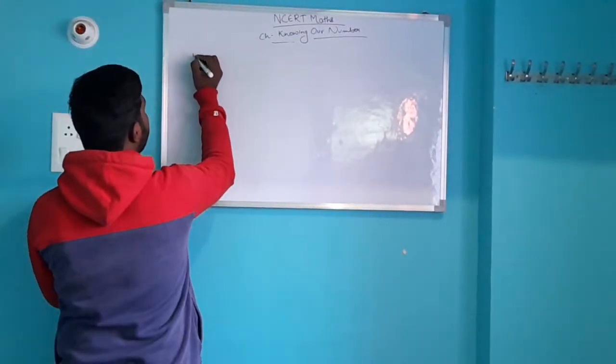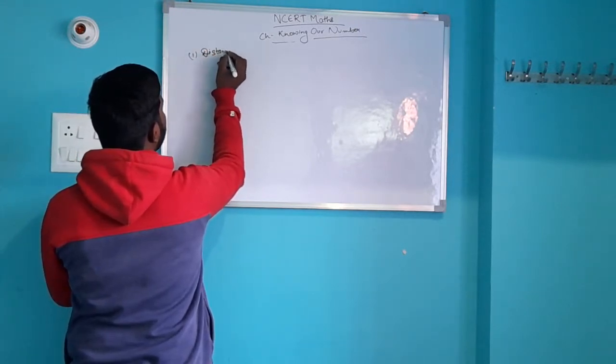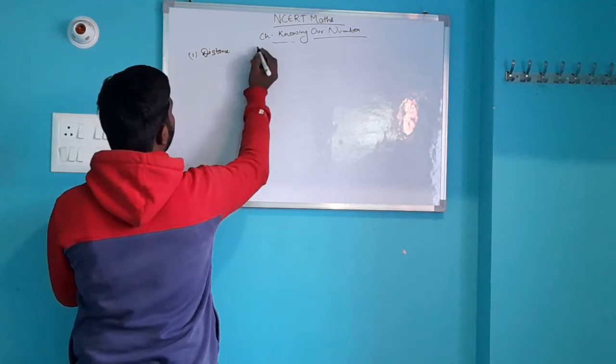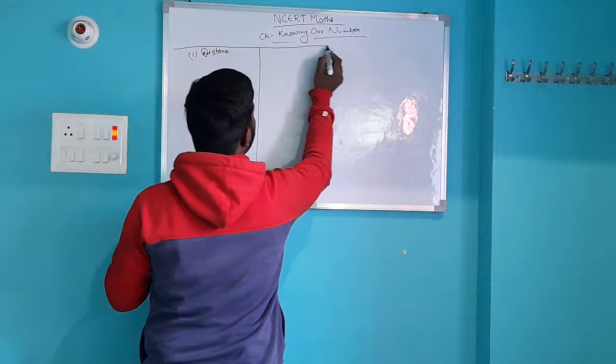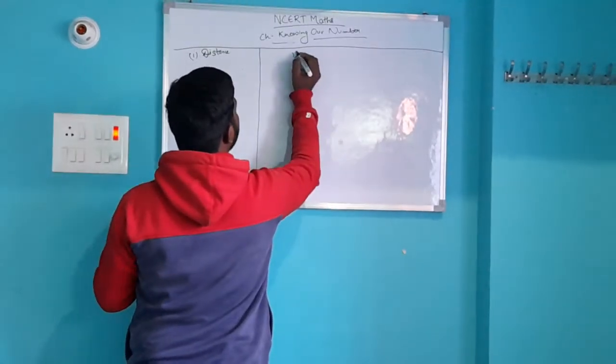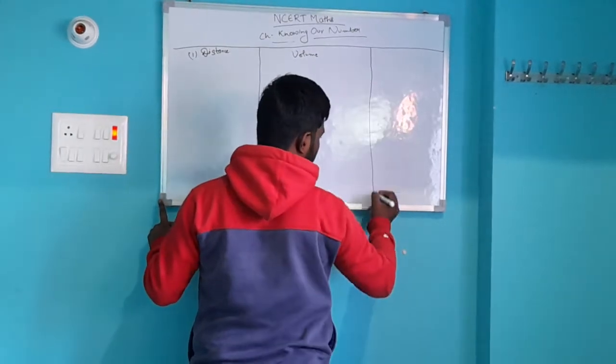These are distance units. I made three boxes for distance, volume, and weight.